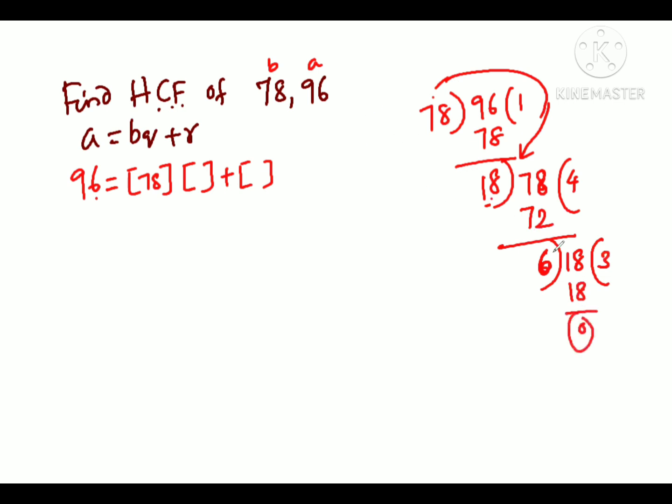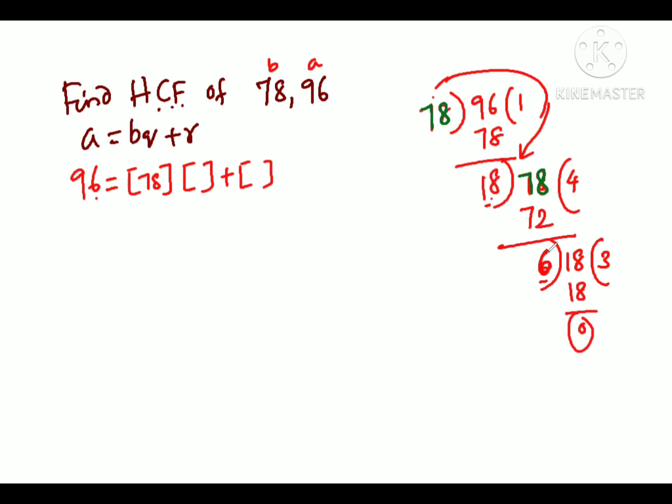So here the last divisor is taken as the HCF. So the first divisor 78 becomes the new dividend, and the old remainder is 18.